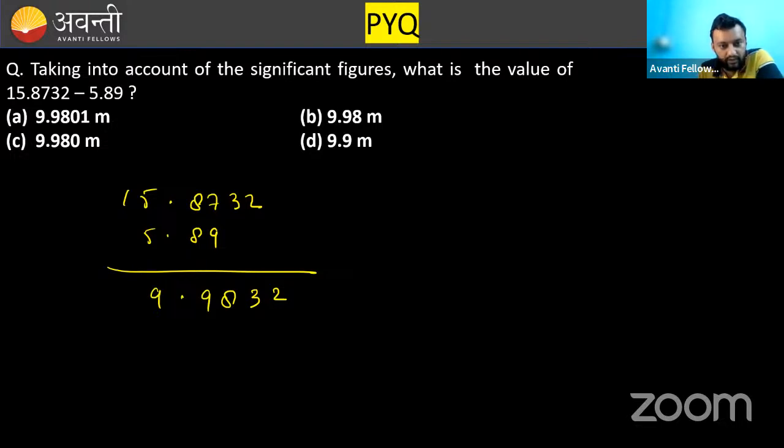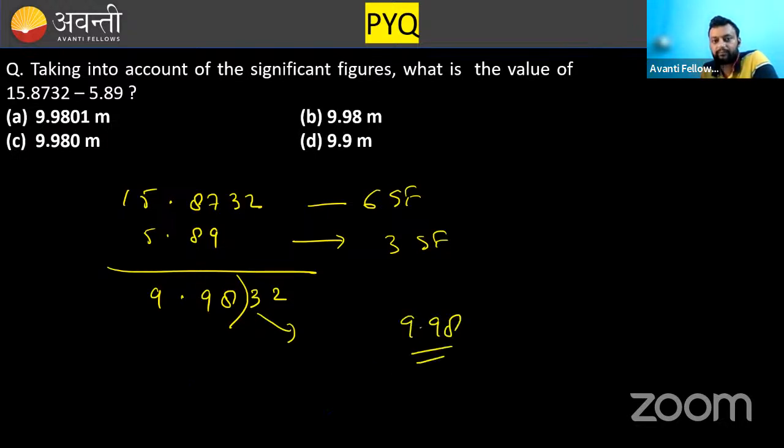Is it clear? I have solved it correctly now. This number has 6 significant figures, and this number has 3 significant figures. So our result should also have 3 significant figures. That means up to this point, we need to keep it. The digit to be removed is 3, which is less than 5. So the answer will be 9.98.